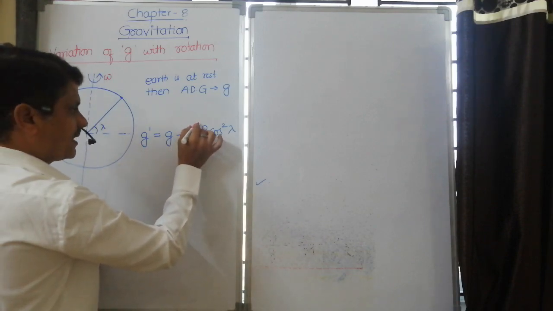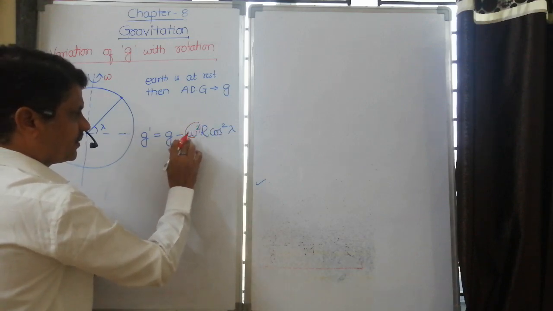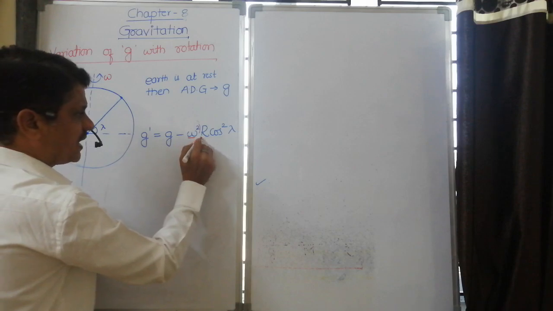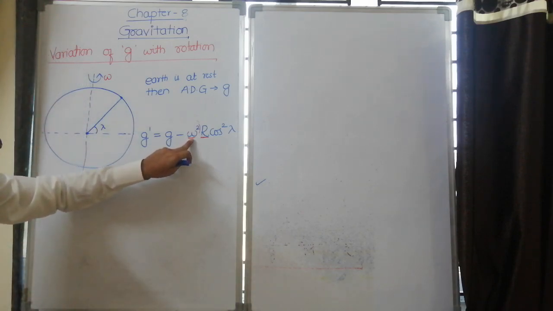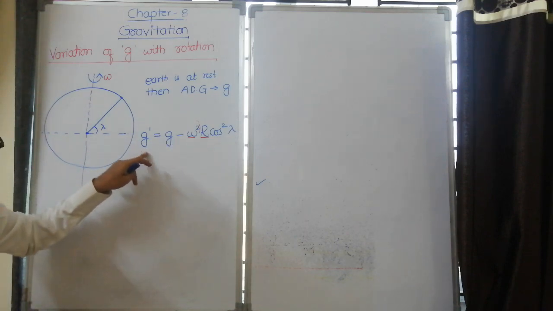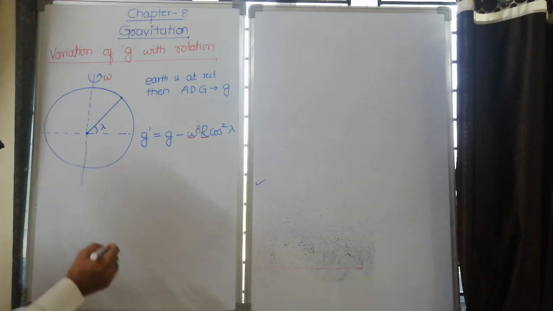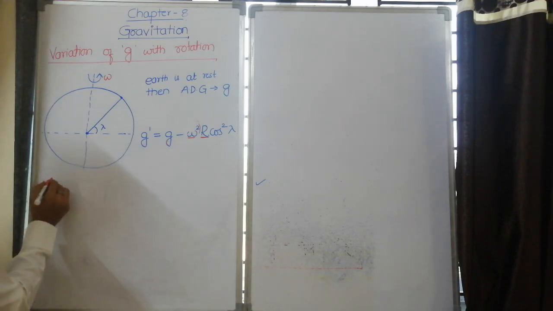For the earth, R is constant. Hence, as omega changes, g changes, and as lambda changes, g changes. First, we'll discuss the variation of g with lambda.